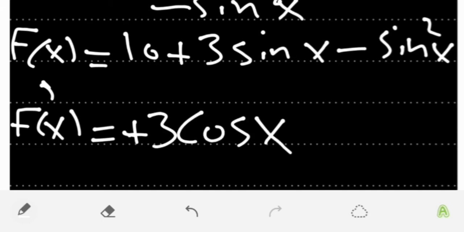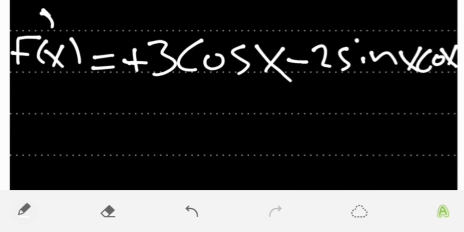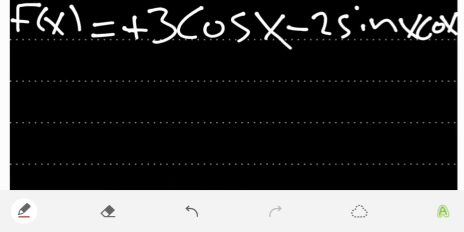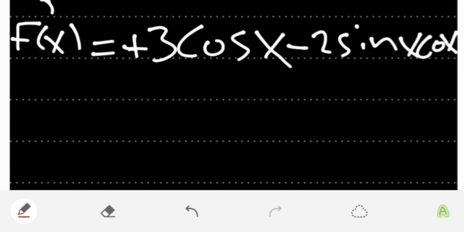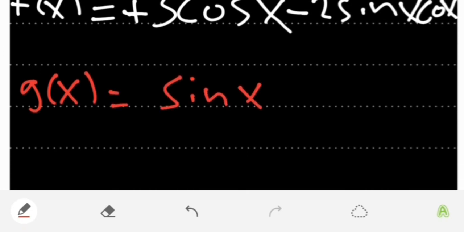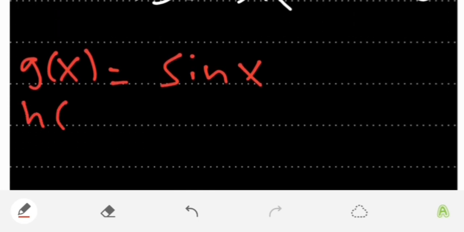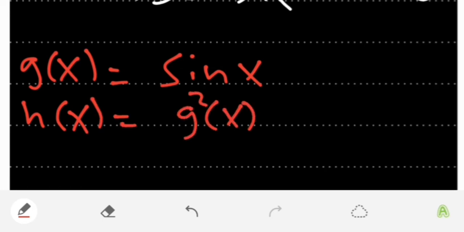Now for the derivative of minus sine of x squared, you need to remember that it is 2 sine of x cosine of x. If you don't remember, then let's just, it's the chain rule. Remember chain rule? So let's call that we have g of x equals sine of x, okay? So what we have now is h of x is equal to what? g of x squared, right?